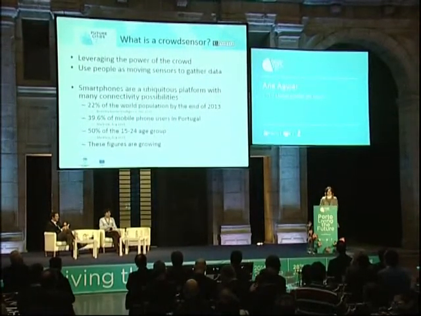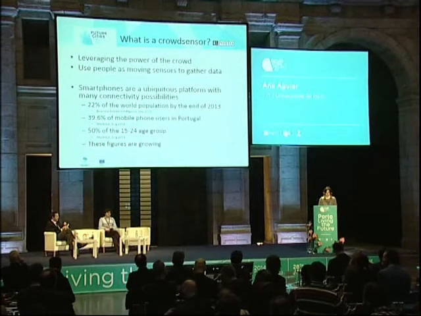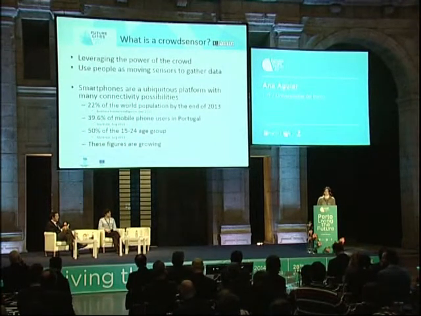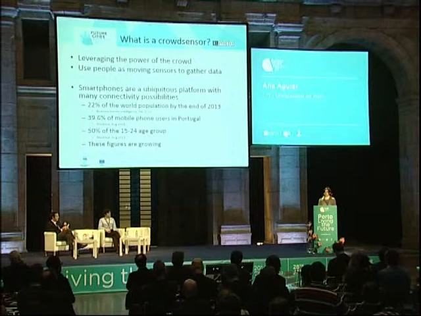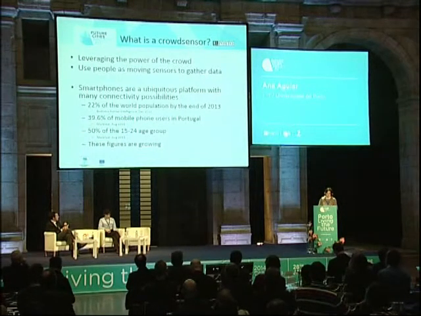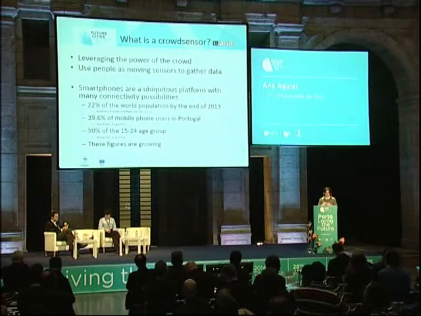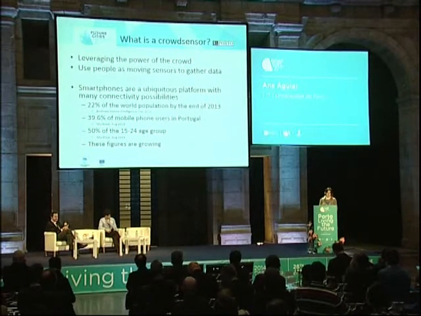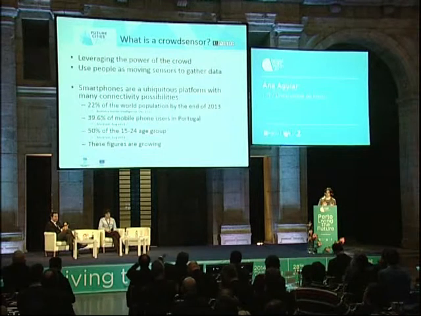And the smartphones have a very large amount of embedded sensors inside them. The GPS sensor, accelerometers, gyroscopes, magnetometers, and they can also scan Wi-Fi networks. They can also scan the quality of the cellular network coverage.